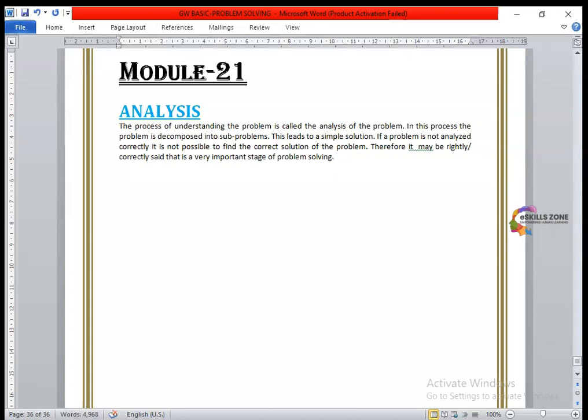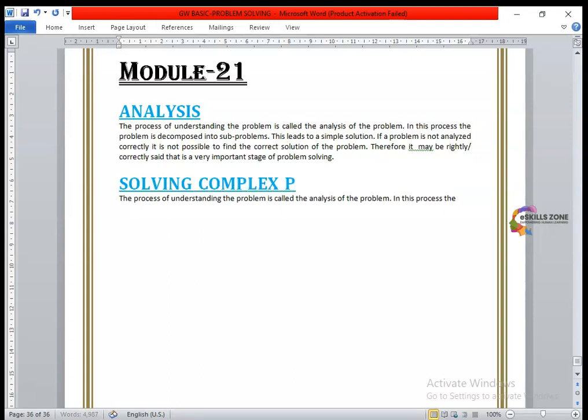The second definition, which is very important in this chapter of problem solving, is solving complex problem.